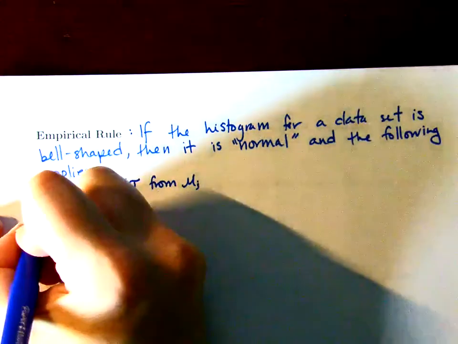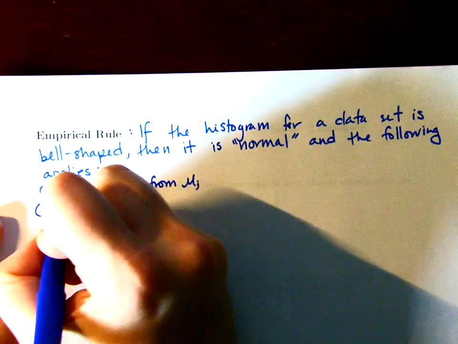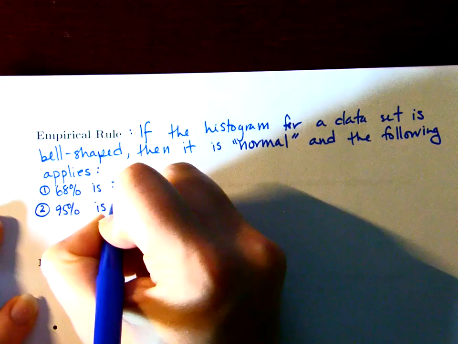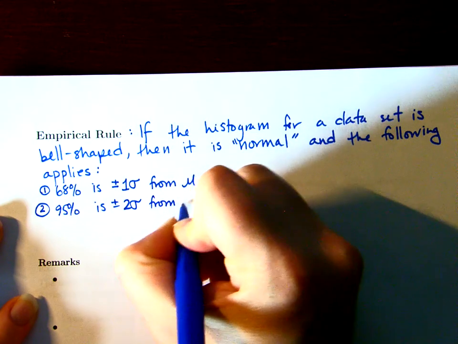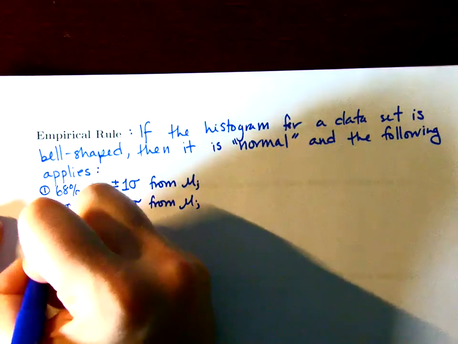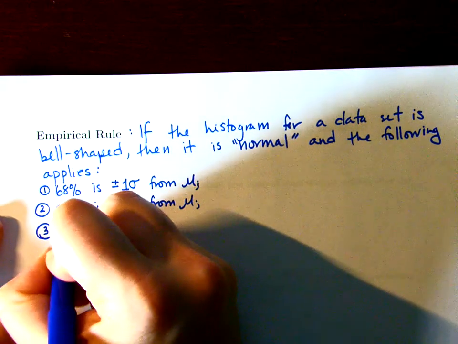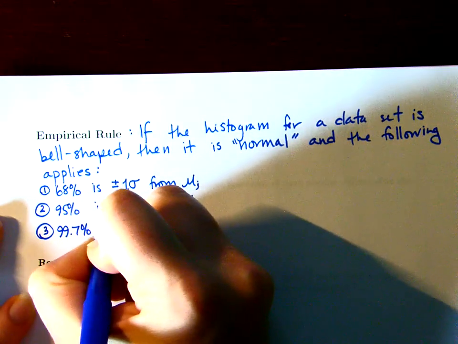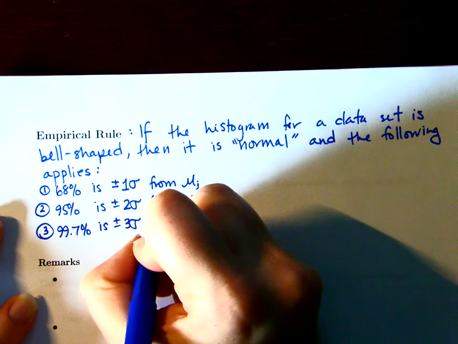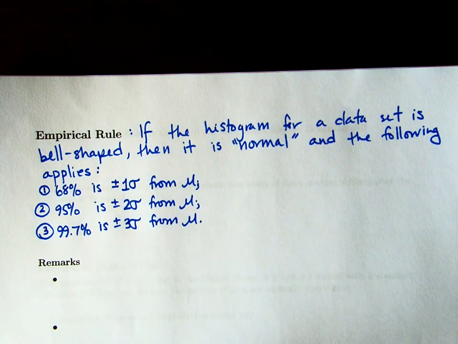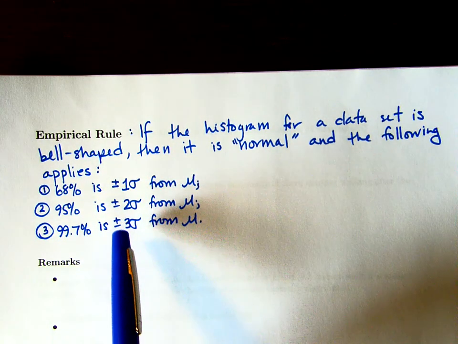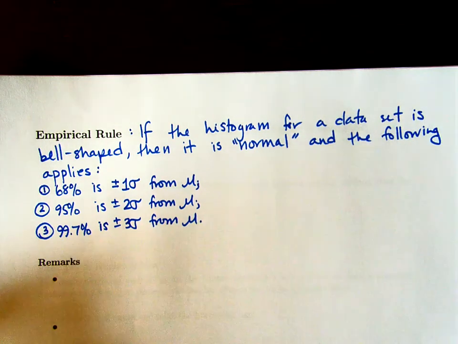Okay. 2, about 95% is within 2 standard deviations from the mean. And 3, about 99.7% of the data is within 3 standard deviations from the average. Okay? But this only works if the histogram for the data is bell-shaped and we call it normal. This is what normally happens to bell-shaped data.